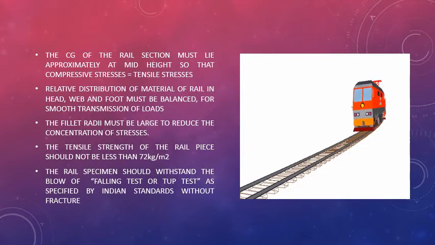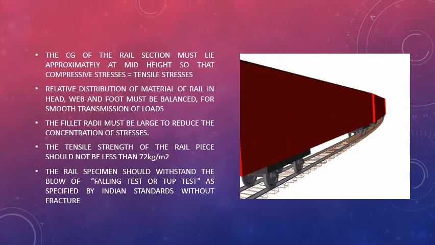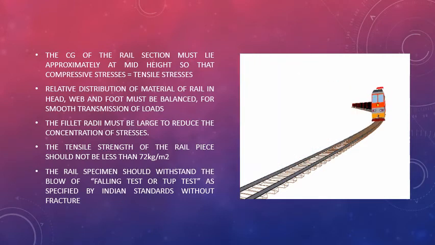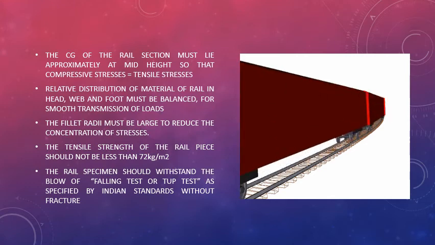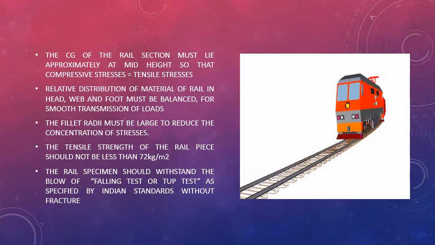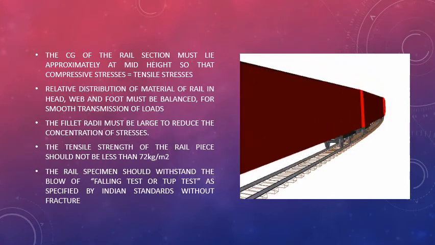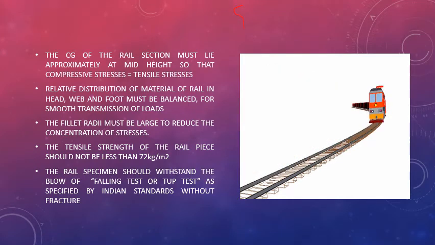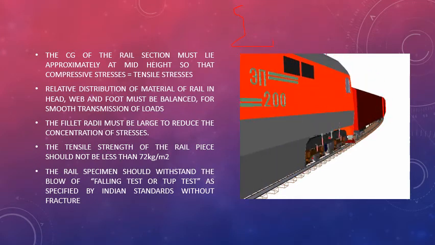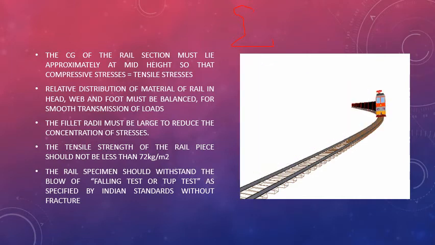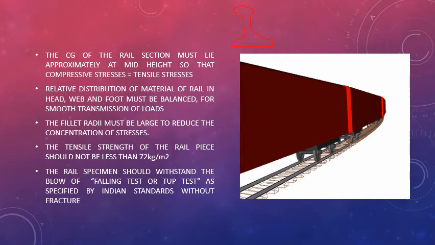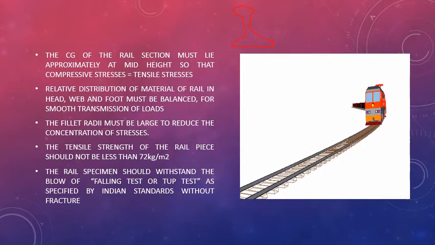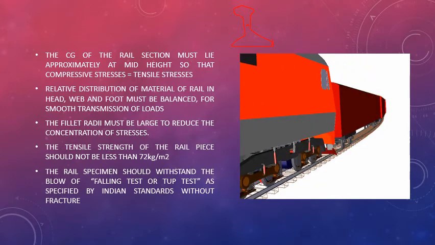And the other requirements are: the center of gravity of the rail section must lie approximately at mid height so that maximum compressive stresses will be equal to maximum tensile stress. So we know that it is an unsymmetrical I section, and we have to select a section such that its center of gravity should be at the middle of the section.